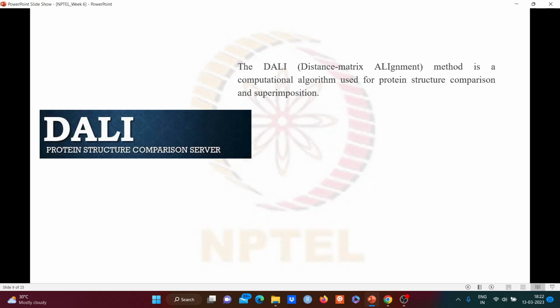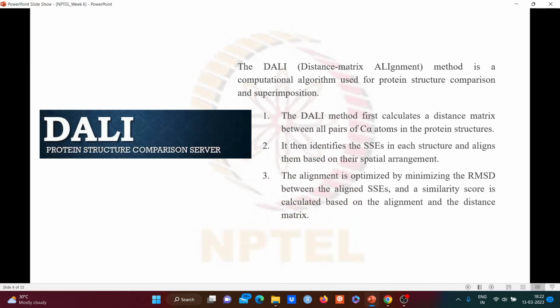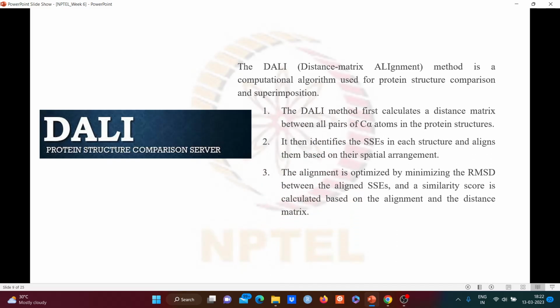So here the DALI method is based on the idea of comparing protein structures by aligning their secondary structure elements and calculating the similarity between the structures based on their overall topology. This method first calculates the distance matrix between all pairs of C alpha atoms in the protein structures.